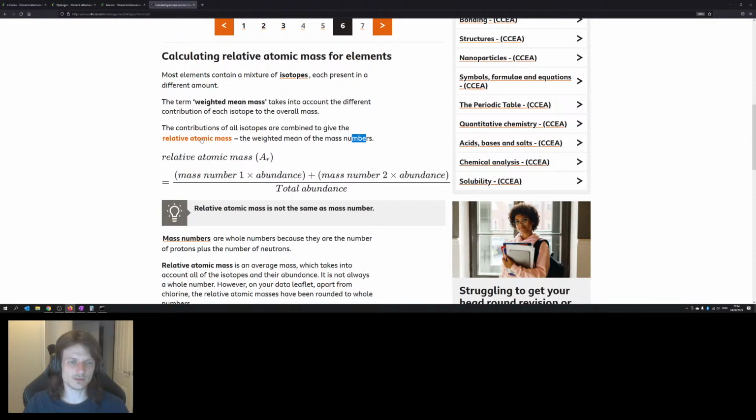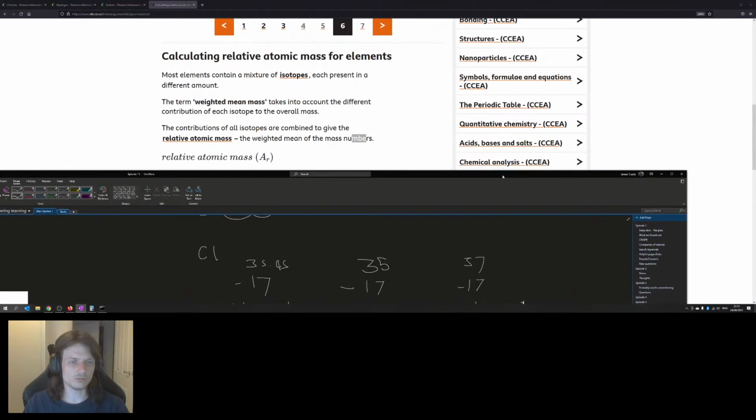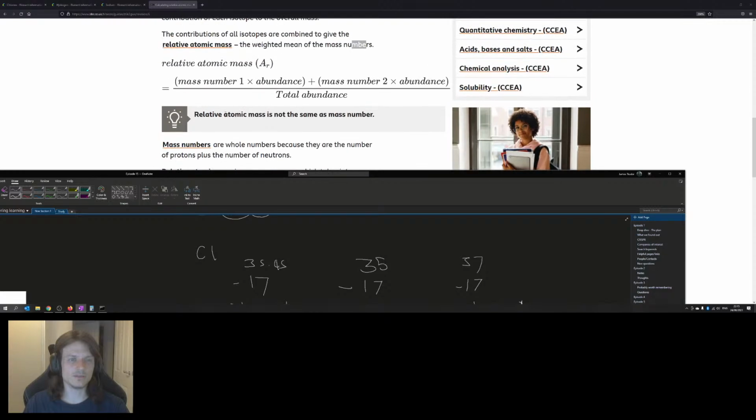Relative atomic mass, minus. So let me try this. The contributions of all isotopes are combined to give the relative atomic mass. Okay, relative atomic mass is not the same as mass number.